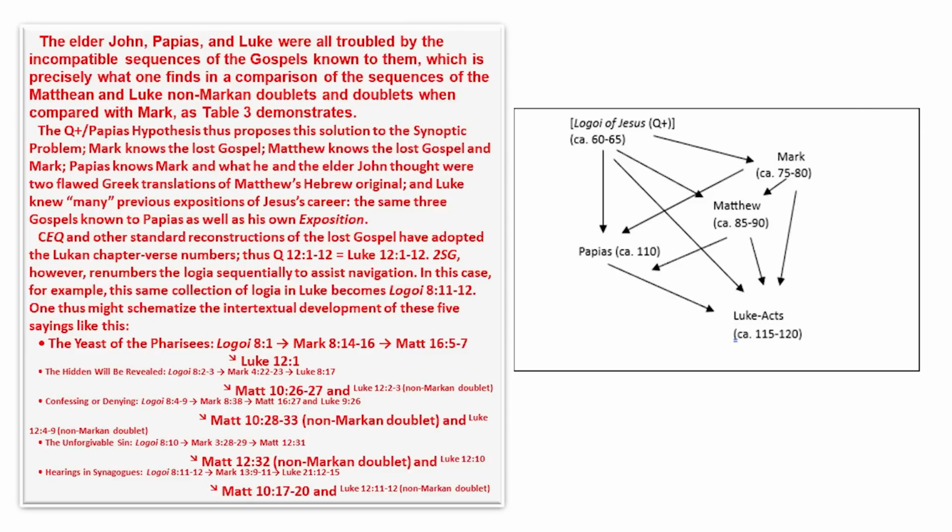By the way, you can see how complex this gets. But it also shows that Mark knows somehow the same sayings. Does he know it because of oral tradition, or does he know it because he knows the same second source that Matthew and Luke are using? And that's what I'm convinced of.